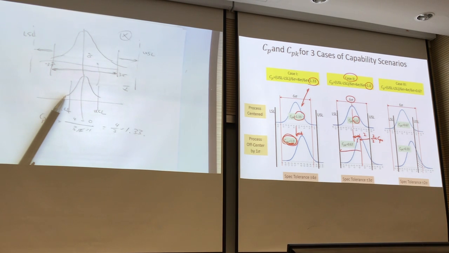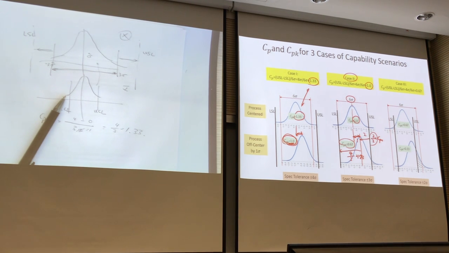And CPL is 4 divided by 3, so it's 1.33. The minimum of the two is 0.67. Makes sense, right?